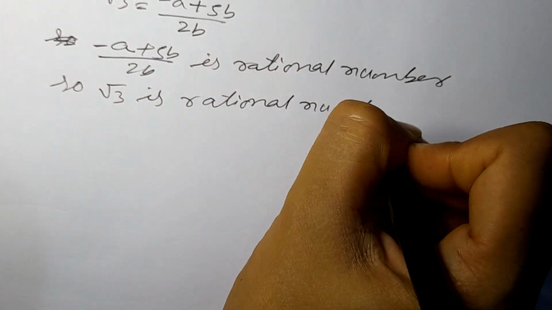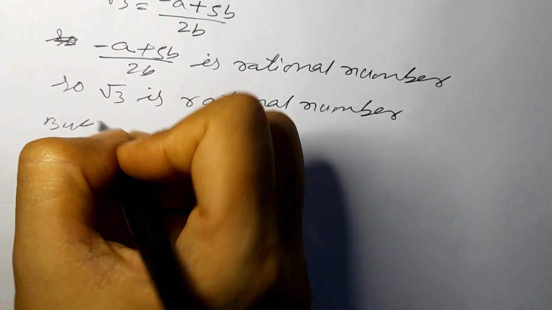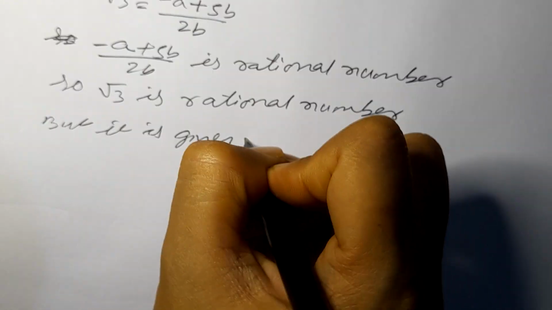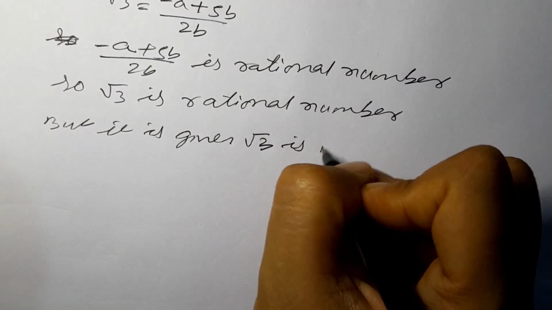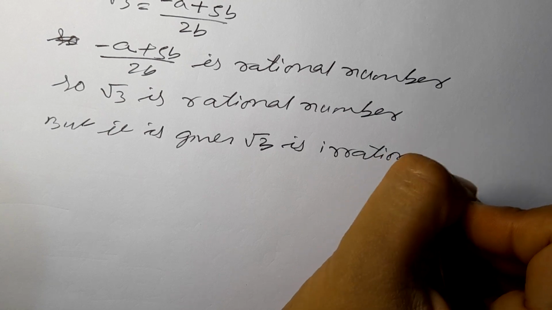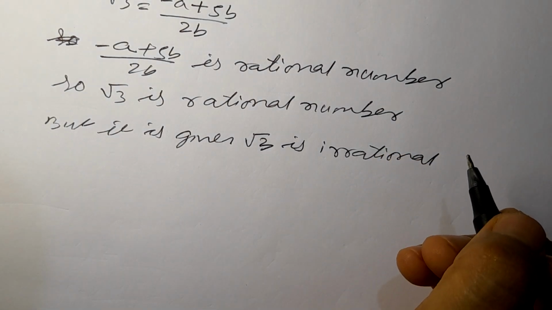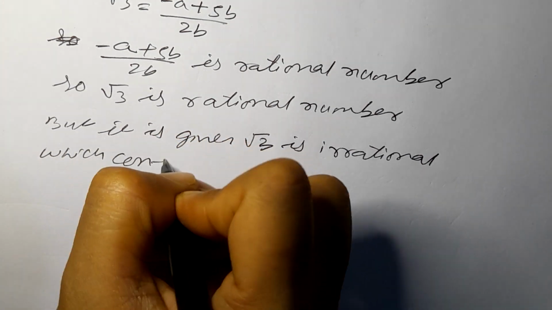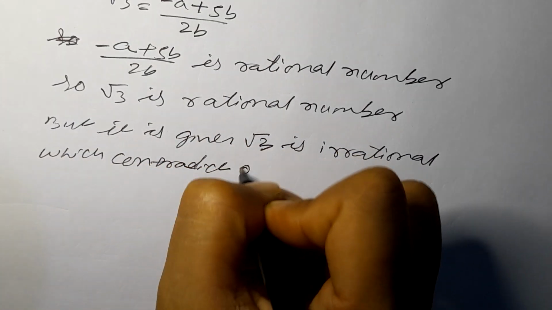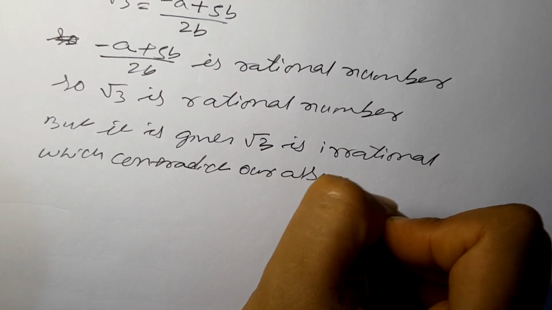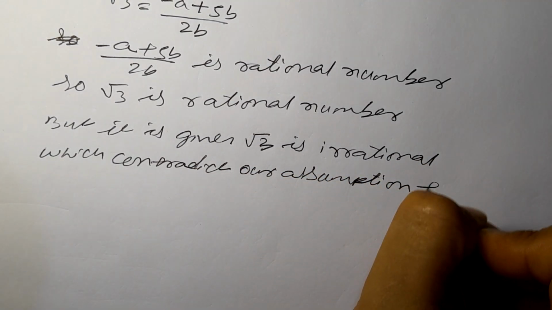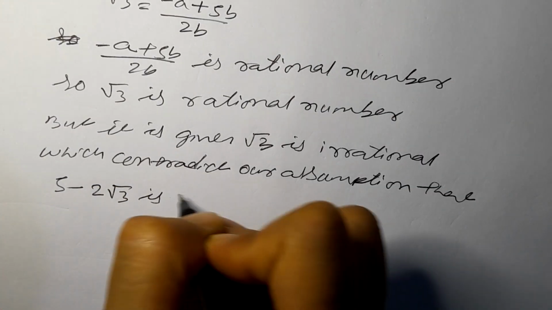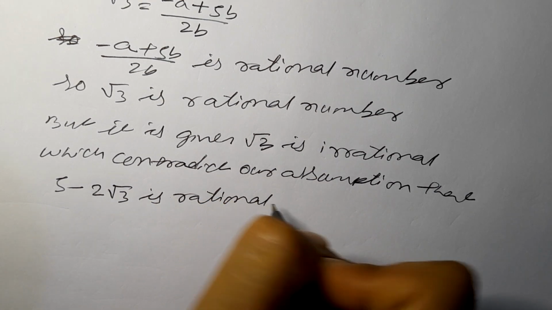Root 3 became a rational number, but it is given that root 3 is an irrational number. So this contradicts our assumption that 5 minus 2 root 3 is a rational number.